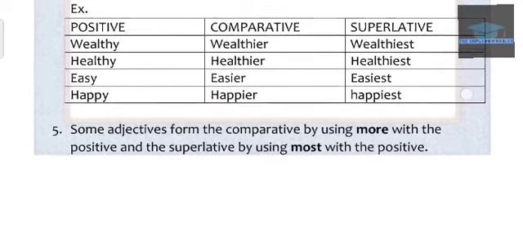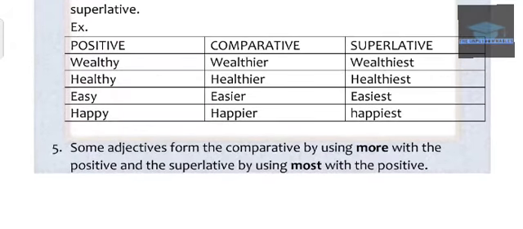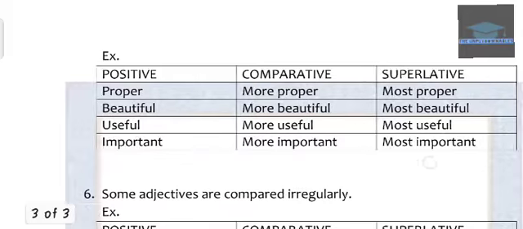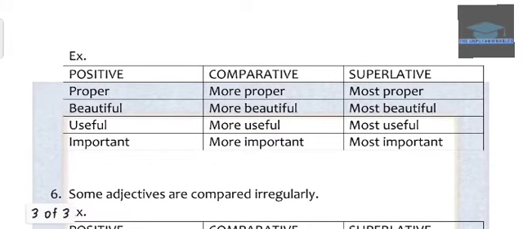Let's move to rule number 5. Some adjectives form the comparative by using more with the positive and the superlative by using most with the positive. Here are the examples of this. Proper. The word proper becomes more proper. So you can see no suffix has been added to the word proper.